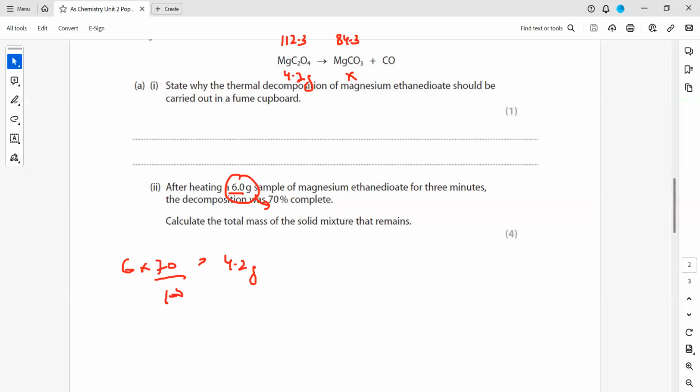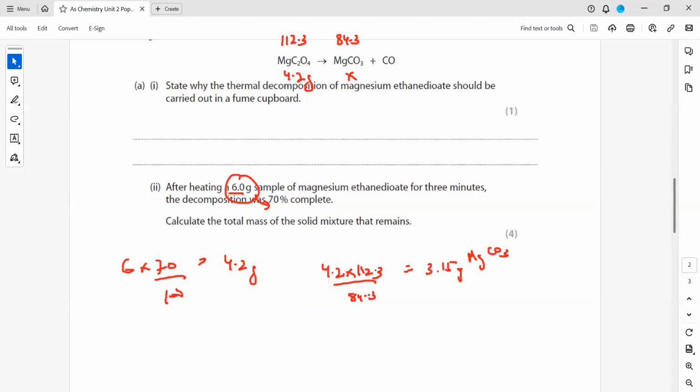So we take a ratio. 112.3 gives 84.3, so 4.2 will give X. The ratio will be 4.2 times 84.3 divided by 112.3. That will be 3.14. So this is 3.14 grams of magnesium carbonate.